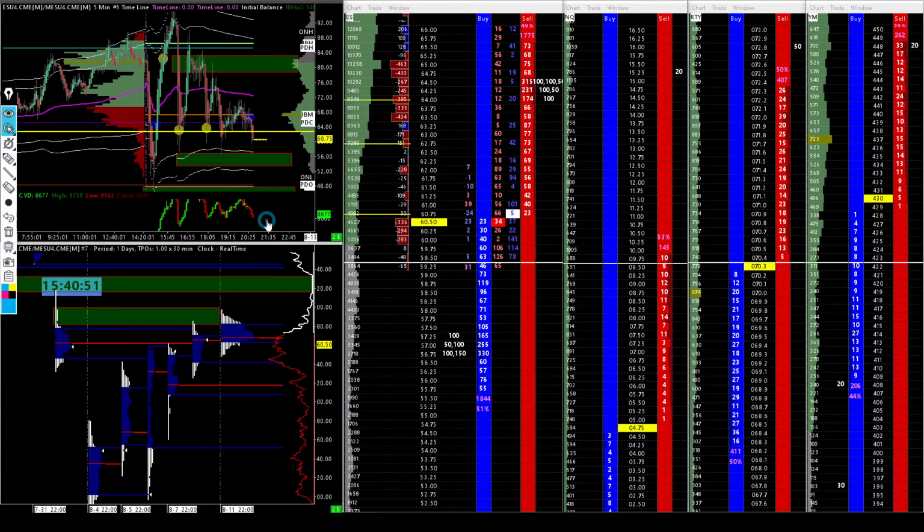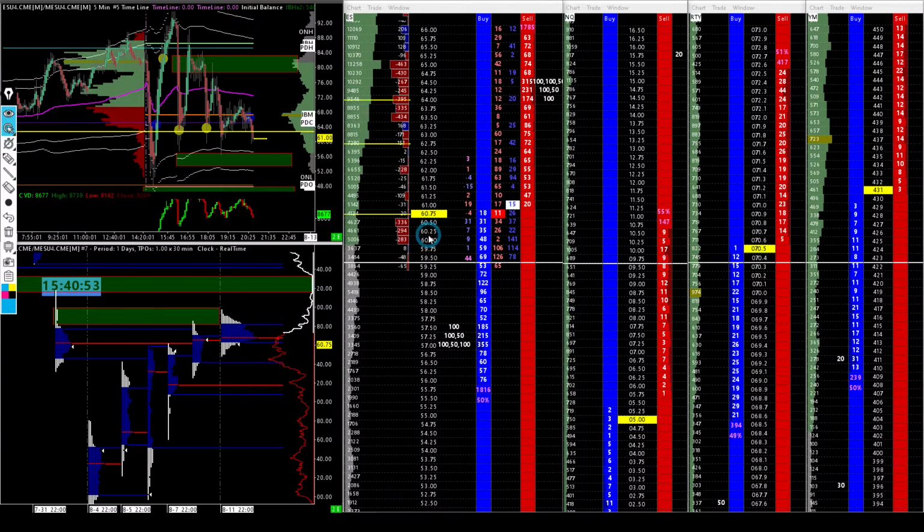Certainly hitting it seller-wise here, but the bid is gobble gobble so far.